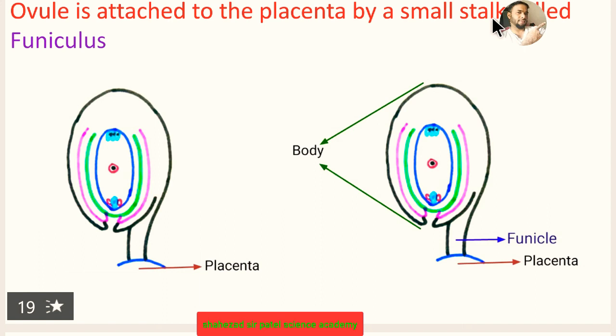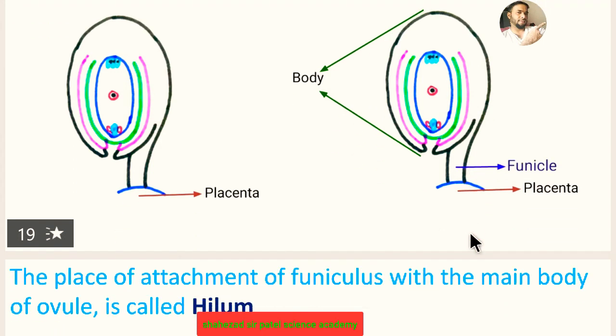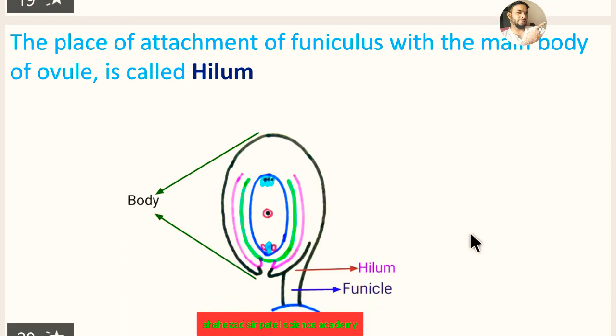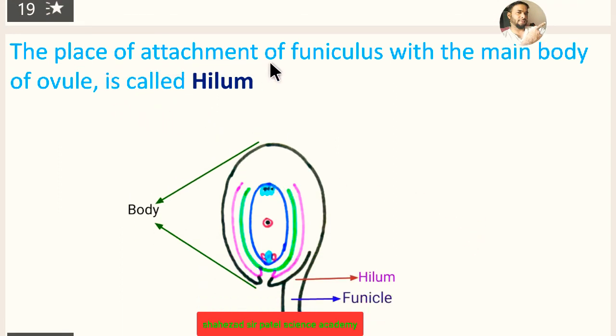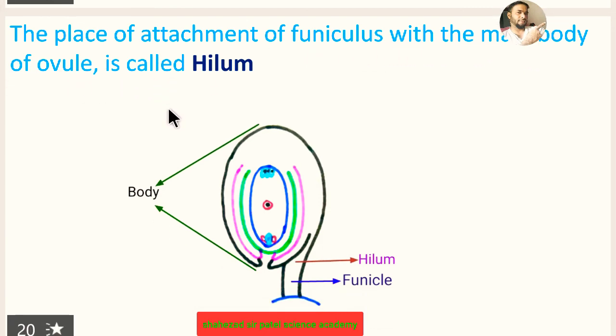This is the body of the anatropous ovule, and it is attached with the placenta by this stalk-like structure called funiculus. The place of attachment of the funiculus with the main body of the ovule is called hilum.